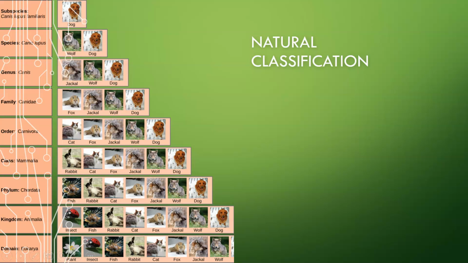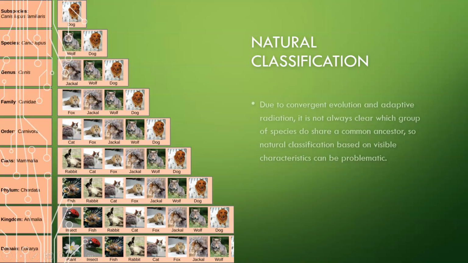Even if we move up to the eukaryotes, there are characteristics between everything in this group that are not found in the archaea or the bacteria. So everything within a group shares certain characteristics.